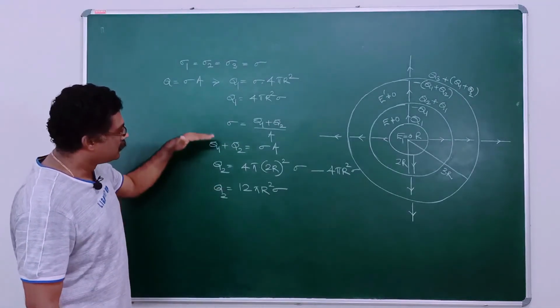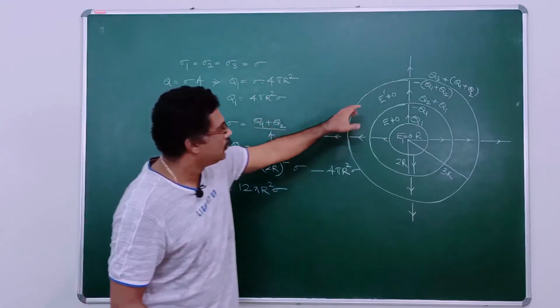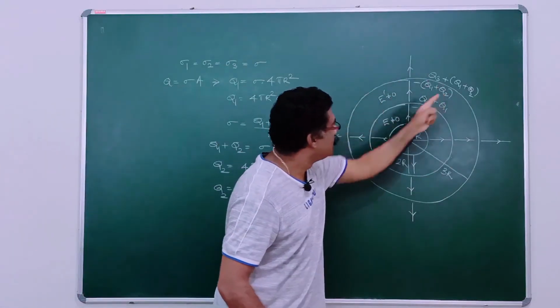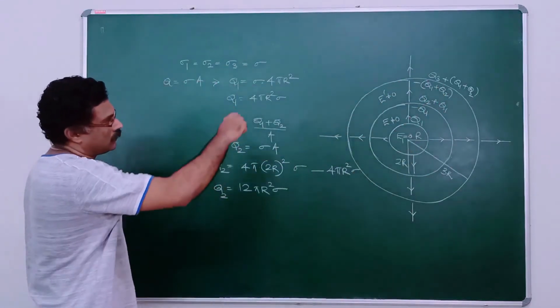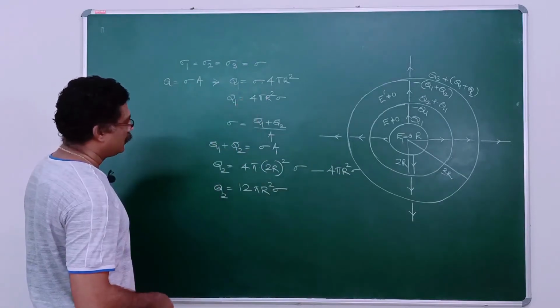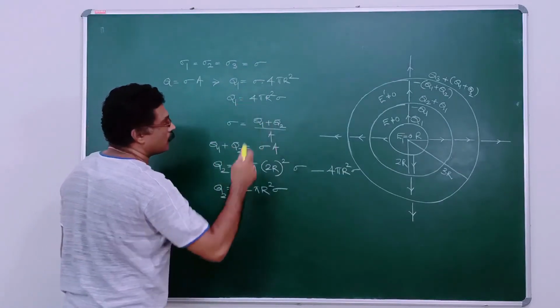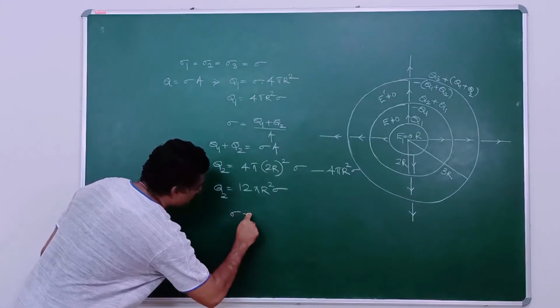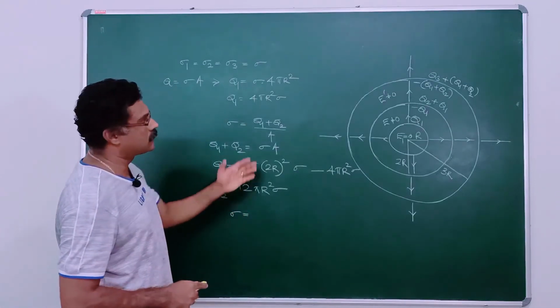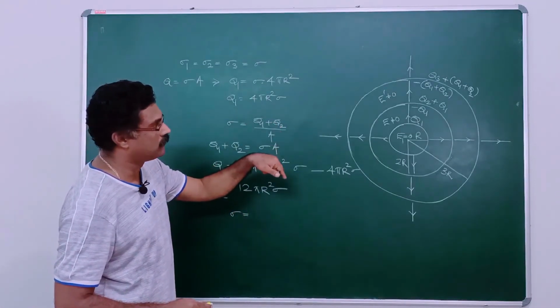Similarly, when we move to the third shell, the surface charge density is again sigma, which is equal to the total charge on the surface divided by the area of the surface.